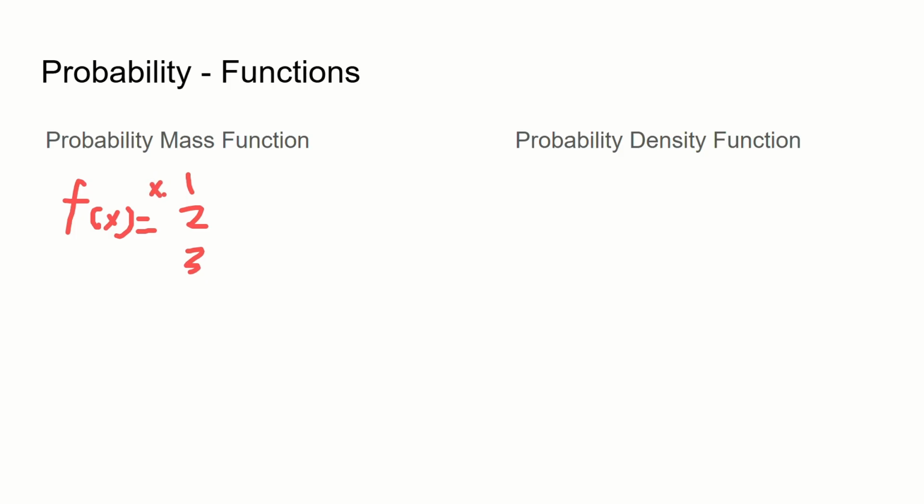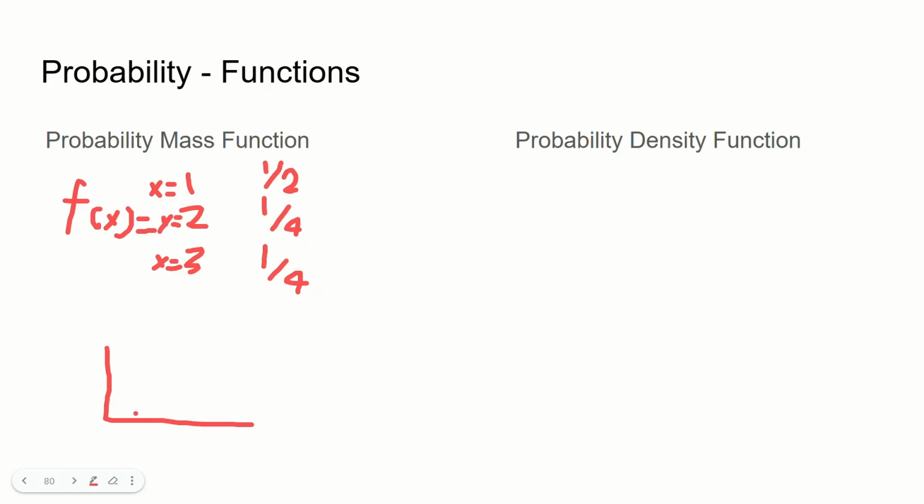When x is equal to 1, 2, or 3, this one has a 50% probability, but then these have a 1 in 4 probability. So we could also put that on a graph. For 1, it's likely to happen, but for 2 and 3, it's half as likely.